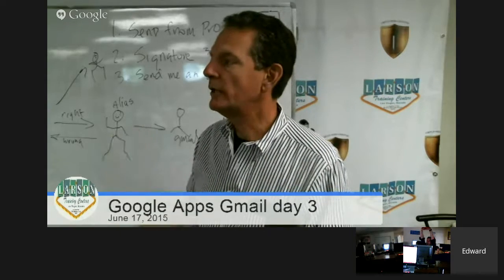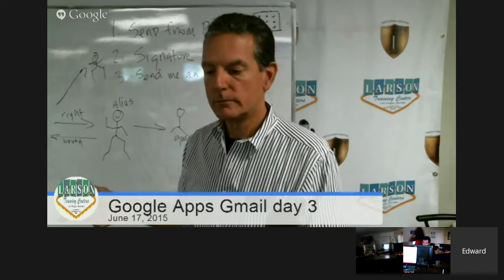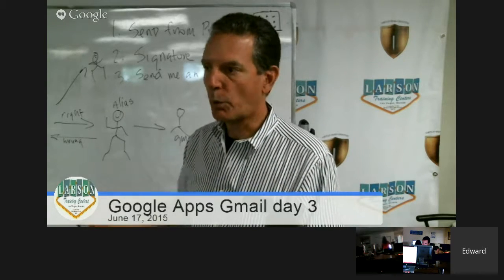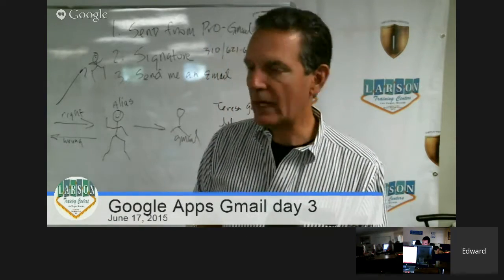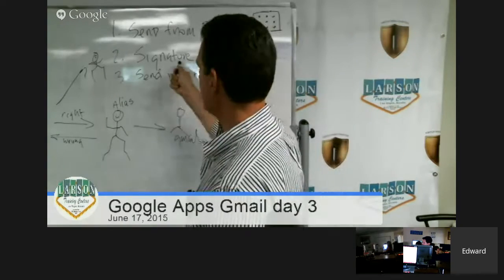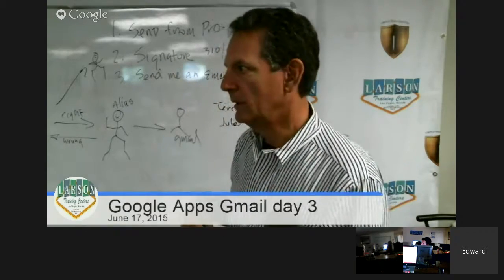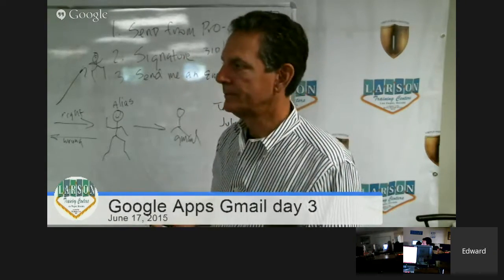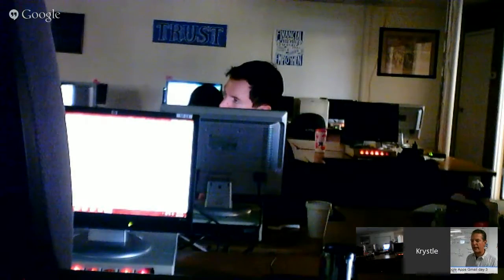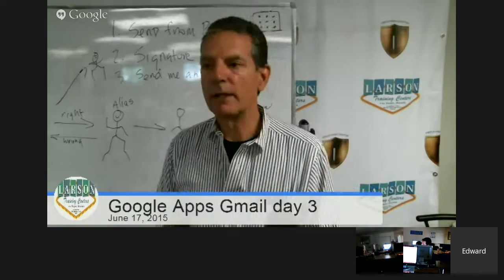So that means you need to go to Settings, go to Accounts, set it up, it's port 25, onein1.com, etc. Get it set up in your accounts, and then get the signature set up right so that it looks right. And the third thing is to send me an email so I can verify that it's right. And that's what we're going to do today for the next 25 minutes.